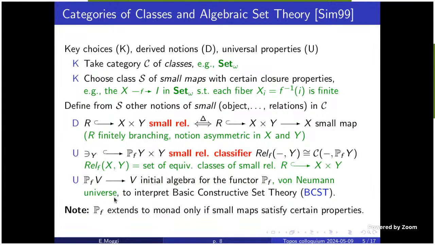Of course, I'm not so much interested in set theory. I'm interested in this kind of object, this small relation classifier that in the case of Set omega corresponds to the finite power set monad.